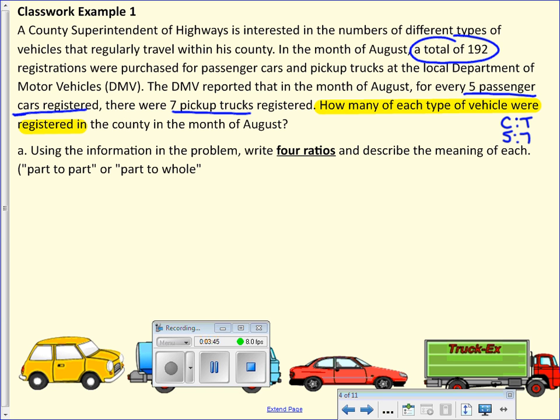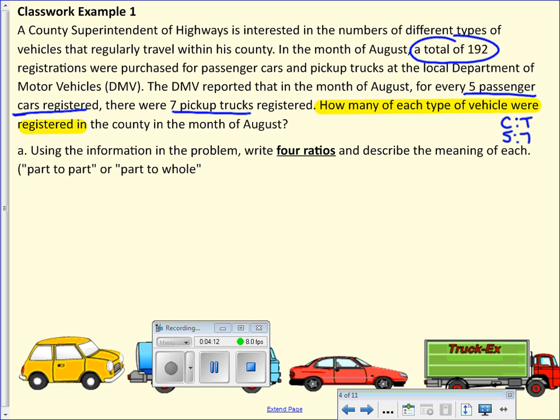August 2nd, 12 people came in. 5 were cars, 7 were trucks, and so on. So we're looking at it in chunks of 12, 5 to 7, 5 to 7. Eventually, those 5 to 7s are going to add up to a total of 192. So does everybody understand what that 192 means? Yes. Okay, good, because that threw first period for a loop.